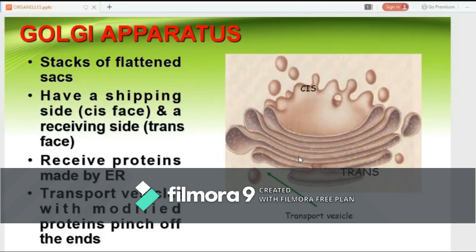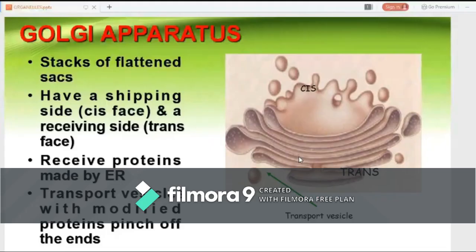The receiving side of the Golgi apparatus is called the cis face. That's on the upper portion in the figure. And the opposite is called the trans face. The transport vesicles that formed from the ER travel to the cis face, fuse with it, and empty their contents in the lumen of the Golgi apparatus.